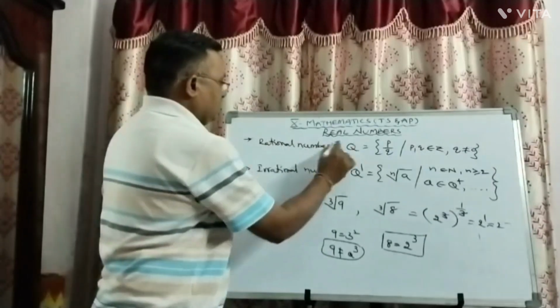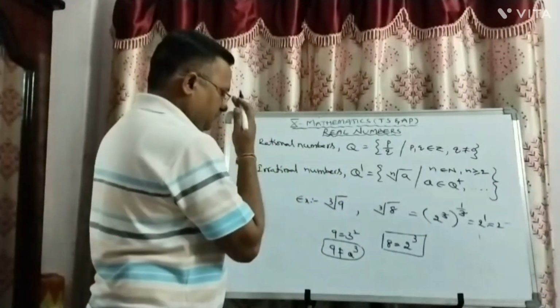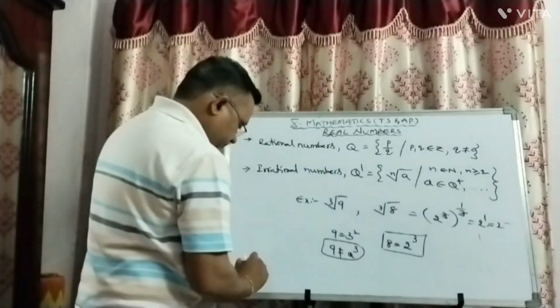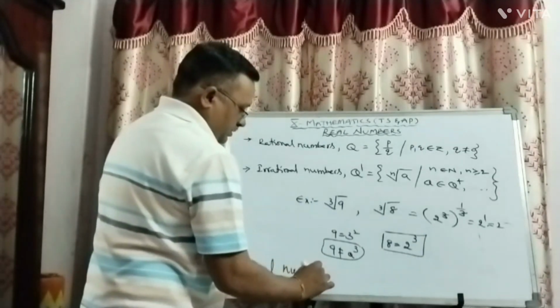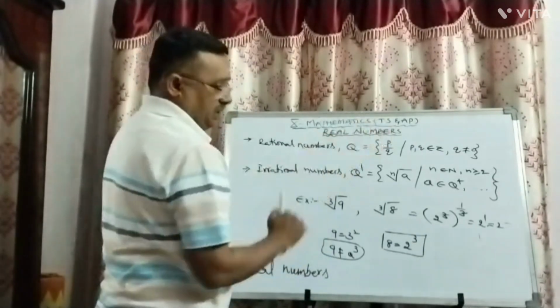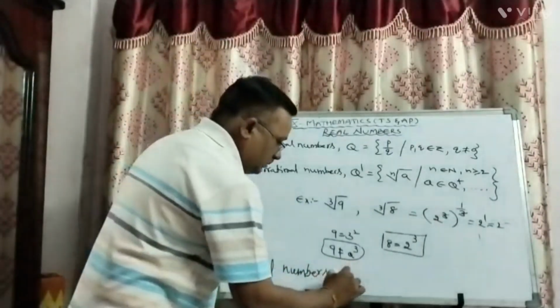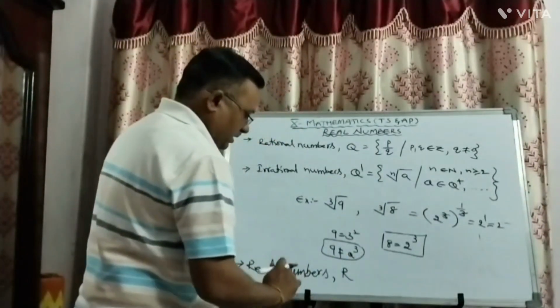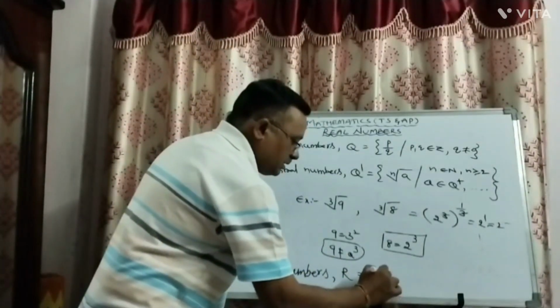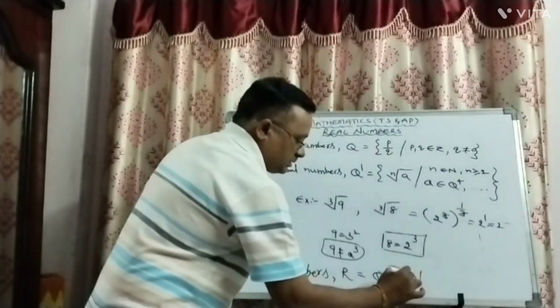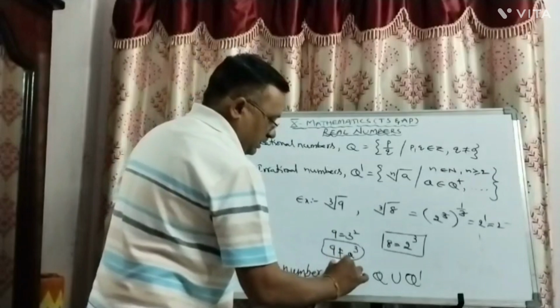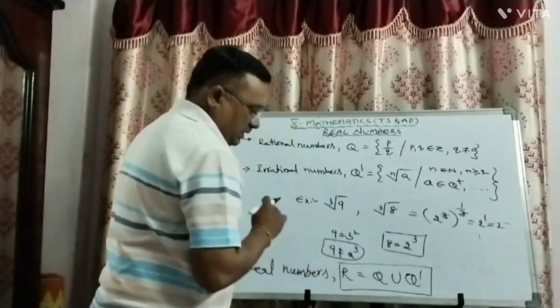So after the rational numbers and irrational numbers discussion, we will take real numbers, which is our first chapter name. Real numbers. Real number is represented with its first letter R. It is nothing but rational union irrational. Rational union irrational gives us real numbers.